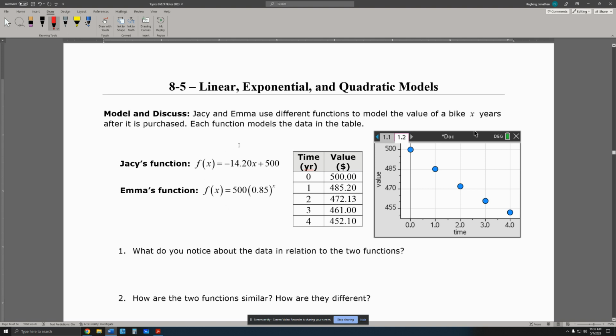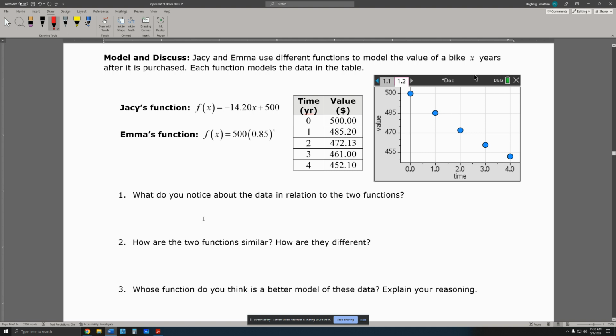Okay. JC's function is represented as f of x right here, and Emma's function is represented as f of x right here. So what do you notice about the data in relation to the two functions? Well, I noticed that both of these functions modeled a decrease in the value over time.